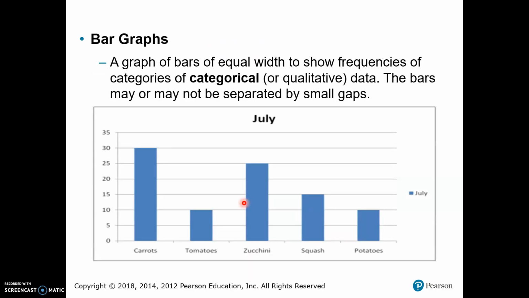Another type is the bar graph, and we discussed a little bit about that. So here, the bar graph, this one, you see that there's a gap between each bar. If this were a histogram, they all would be connected.